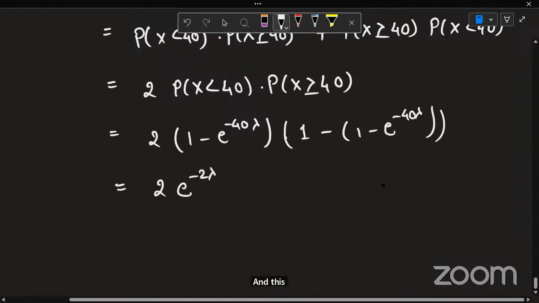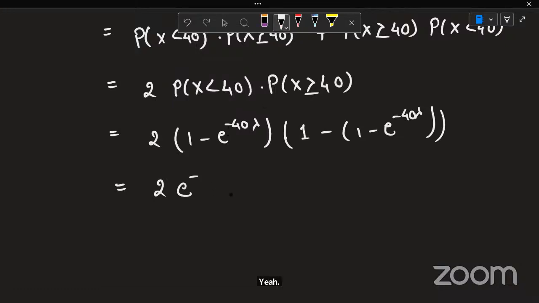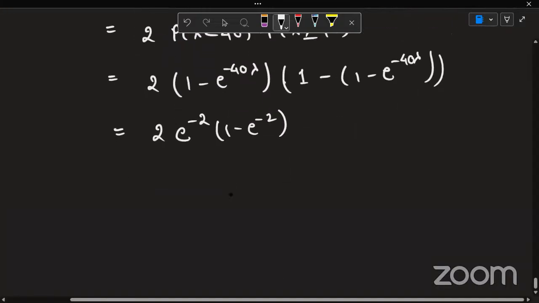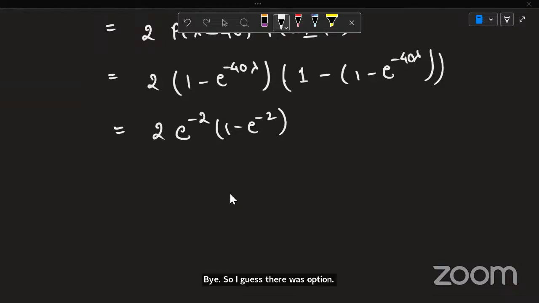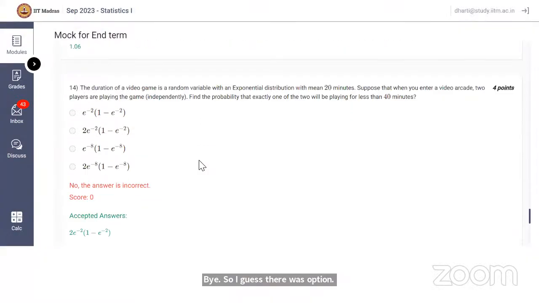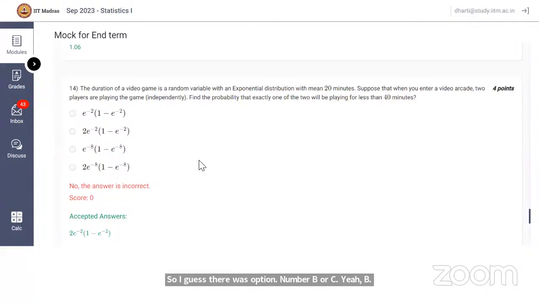Lambda will not be here. Fine. So I guess there was option number B or C. Yeah, B. Okay. Is there any doubt from this question?